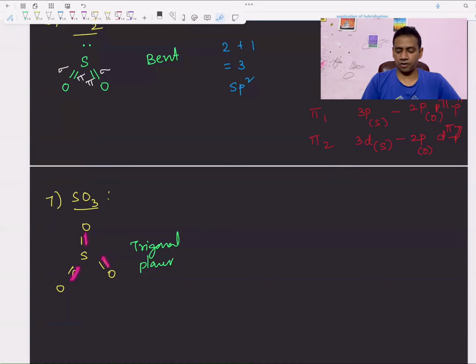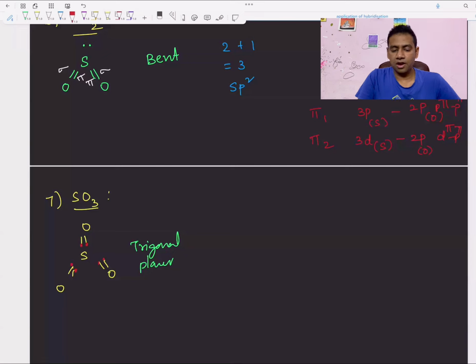There are 3 sigma bonds, and there is no lone pair on sulfur because sulfur has used all of its valence electrons. You can count it if you want: 1, 2, 3, 4, 5, 6. Sulfur belongs to the 16th group. It has used all its 6 valence electrons.